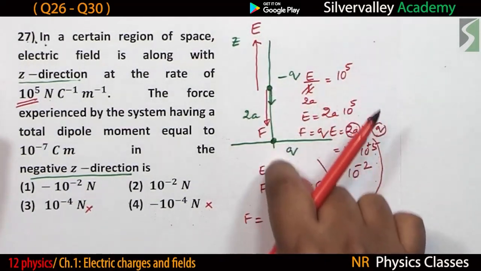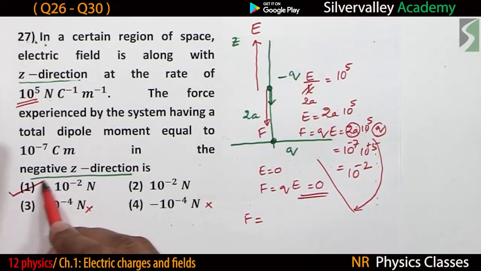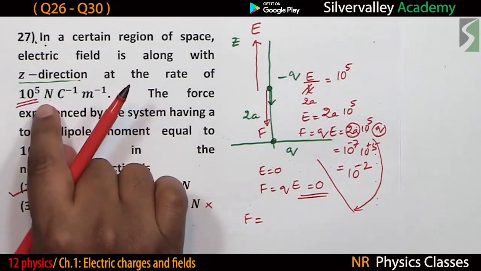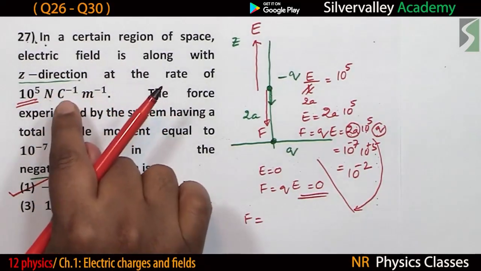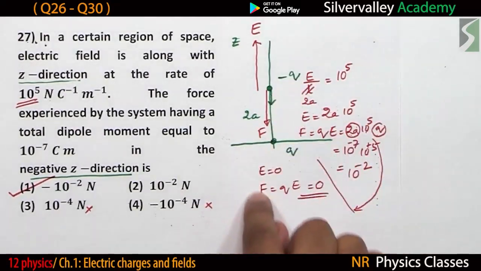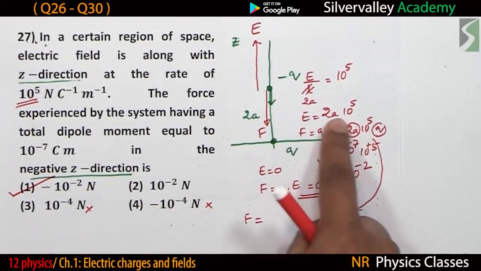Downward is with a negative sign. Therefore, it is 10 to the power of minus 2 with a negative sign. If the electric field changes with respect to distance, that is a non-uniform electric field, then you have to solve using this method. In the previous problem also, you saw the same method.